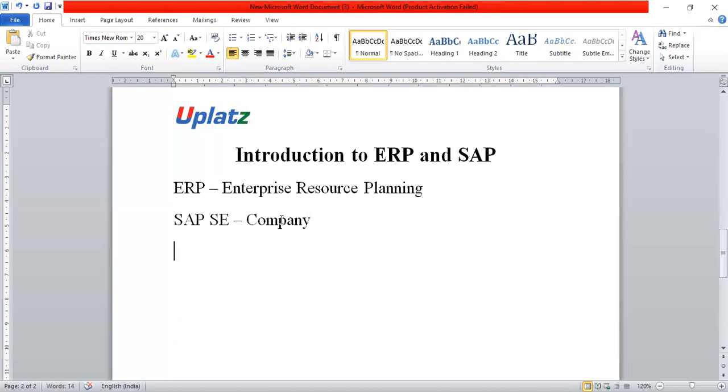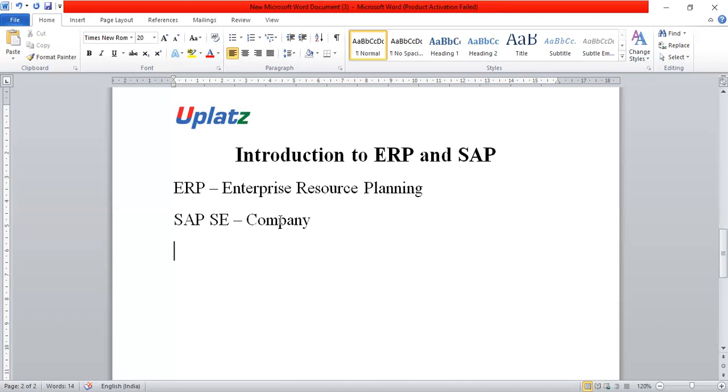Next, they have put one name for their enterprise resource planning. This enterprise resource planning is a general name. It is a software, and the general name of that software is enterprise resource planning. Now this SAP SE company has put some special name for that ERP software.